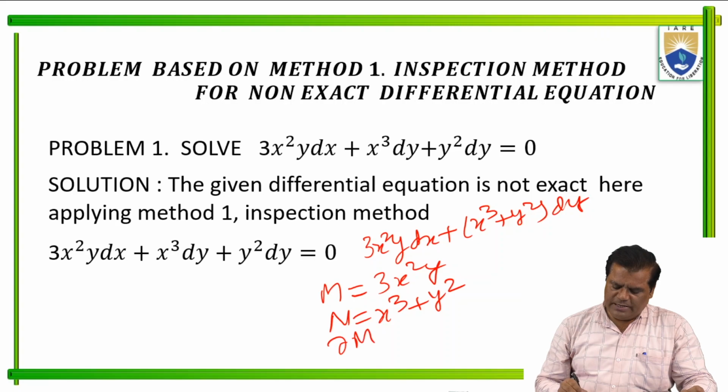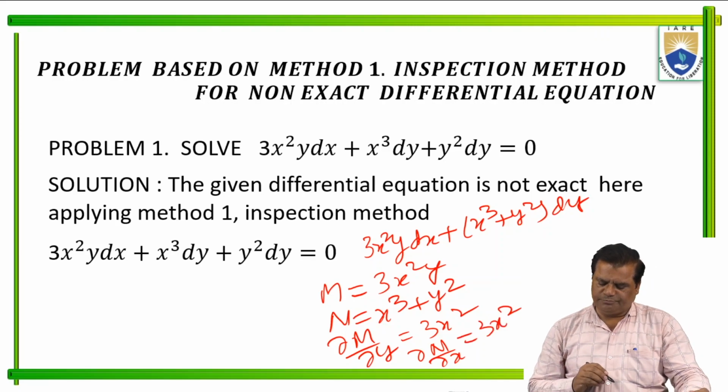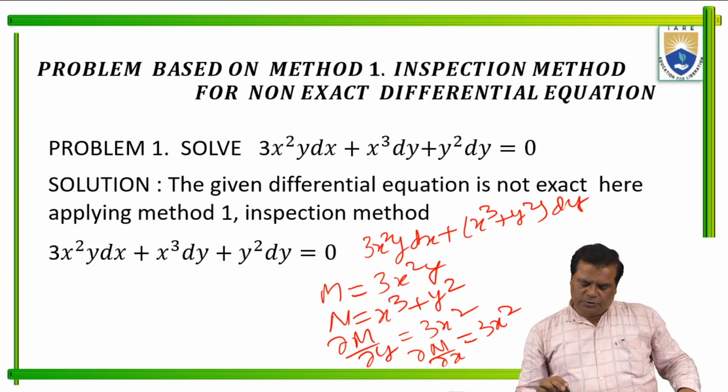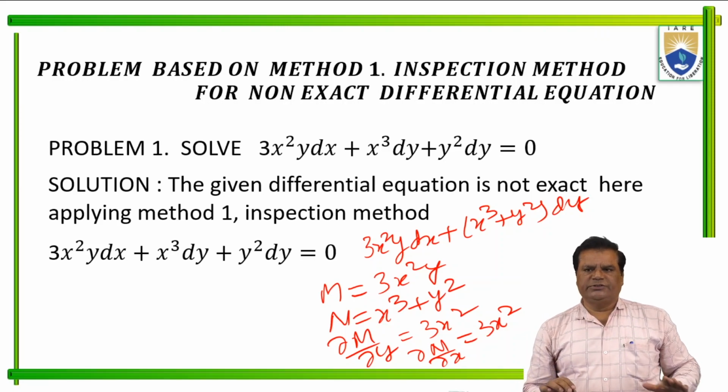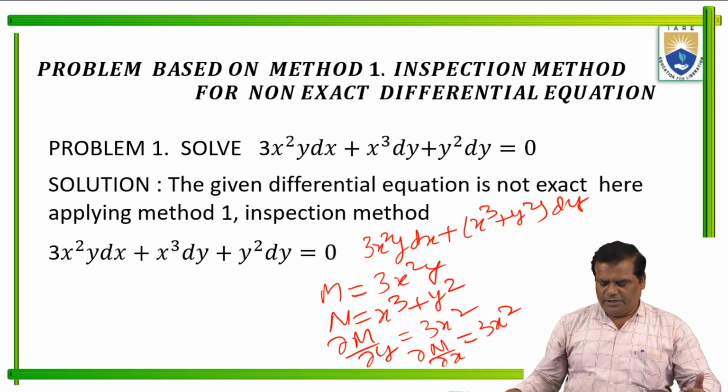Del M over del y, differentiating with respect to y, is 3x square. Del N over del x, differentiating with respect to x, is also 3x square. So this is already an exact differential equation, so it is integrable.